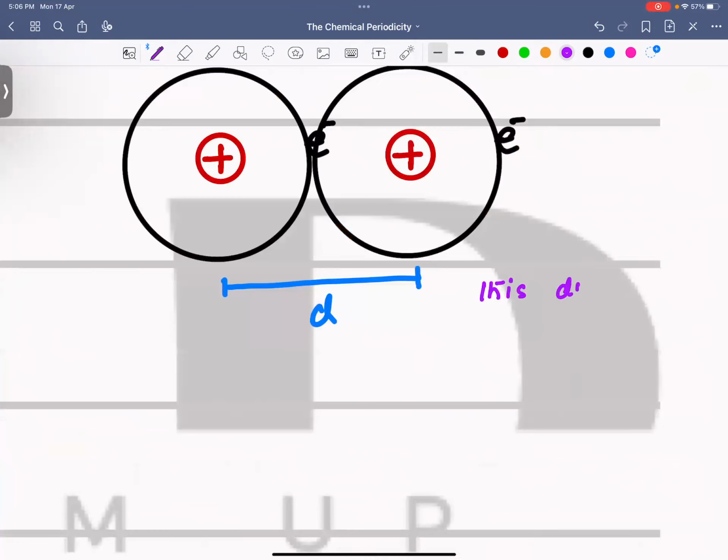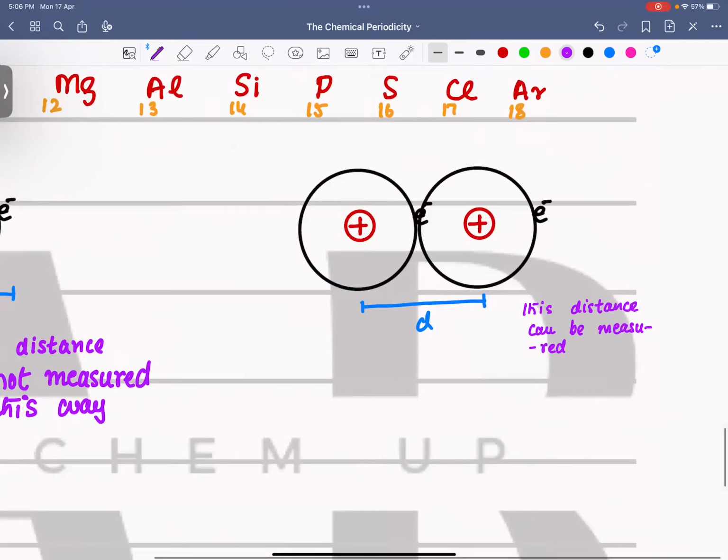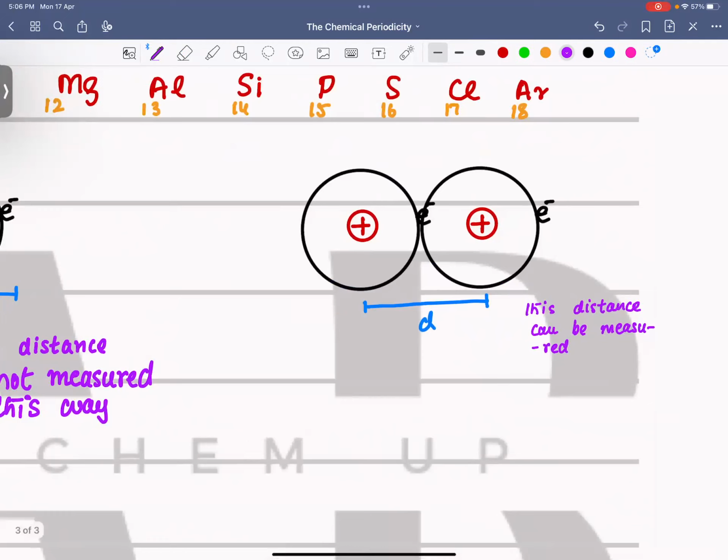This distance can be measured, and this distance is actually considered as the diameter because it is the distance from one nucleus to the other nucleus.